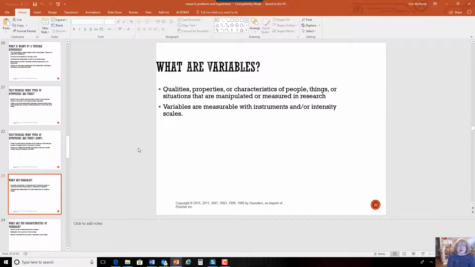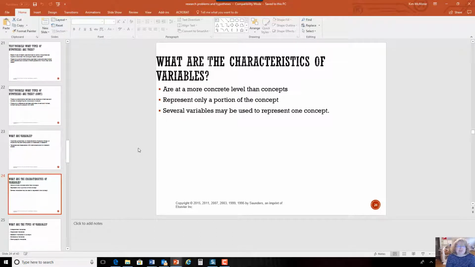You're doing or you're not doing. And they're also something that can be measured with scales. And I don't mean like standing on the scale, but just have different scales that will weigh them or measure them. So the characteristics of variables is that they're more concrete than a concept. And also know that you can have several variables for one concept.